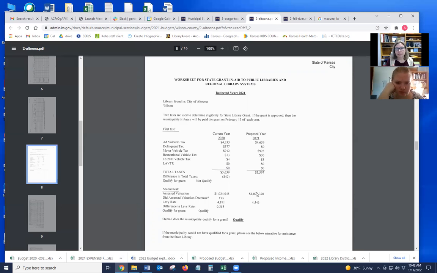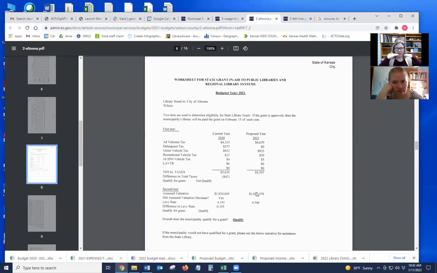But sometimes you can get into that situation where, because the property values have gone down in your community, and there's a charter ordinance, there's a cap on how high you can go, because here's how it goes.